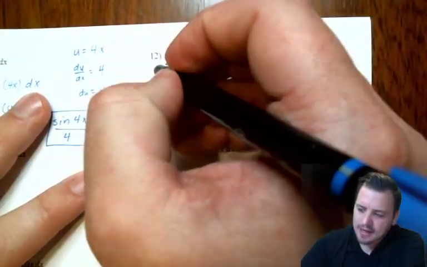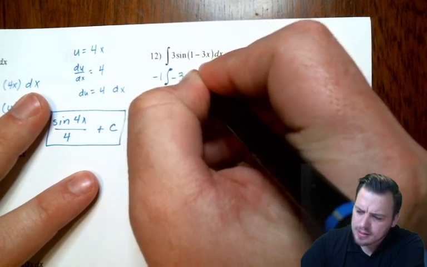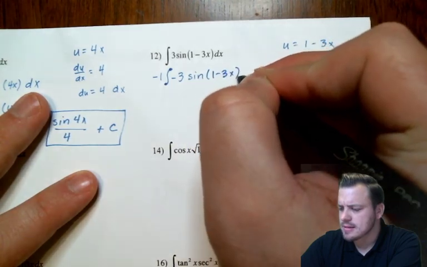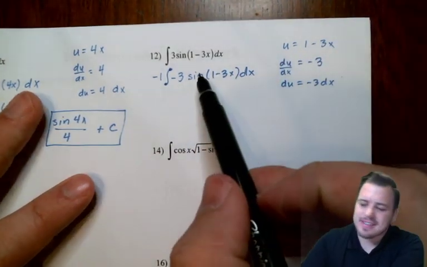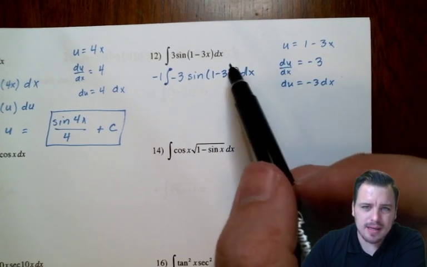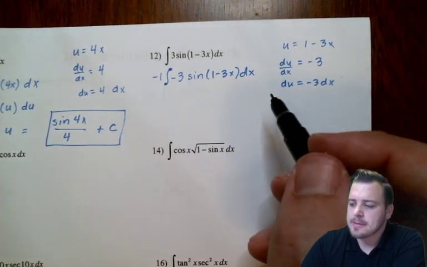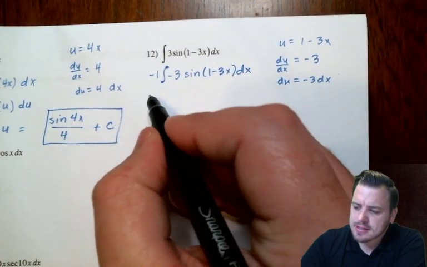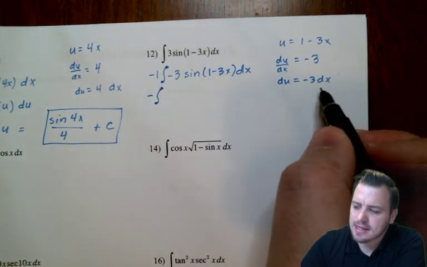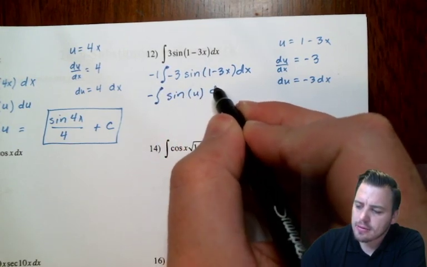So it would be negative 1 over here on the right side times negative 3 sine of 1 minus 3x dx. Think of sine as kind of like the x, like the u, like the squared part. It's the operation that's happening to u. All right, then from there I just say negative integral. Negative 3 dx is du, and then we just say sine of u du.